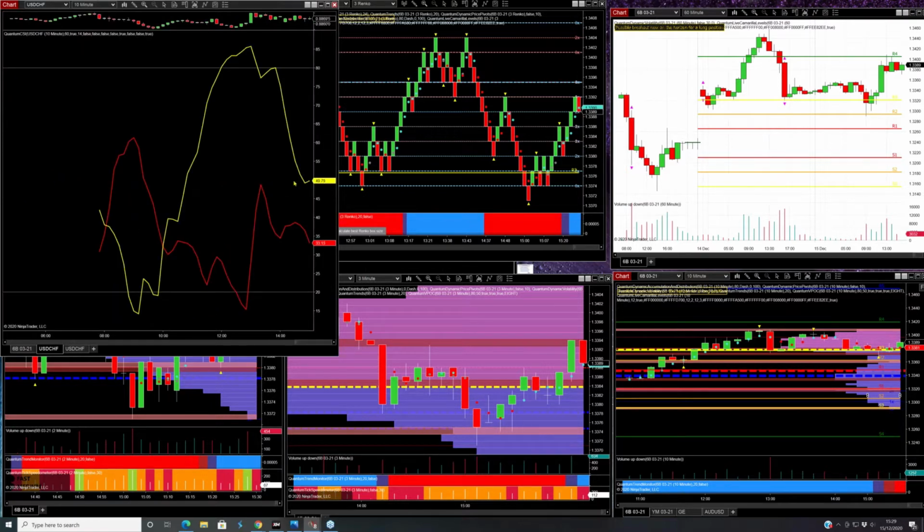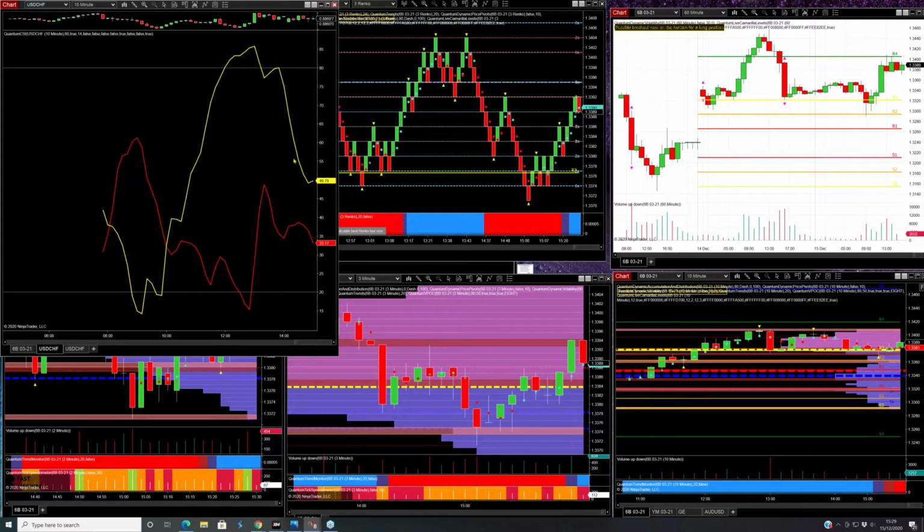Well, this kind of tells me why I'm moving sideways, because we can see these two lines have been moving in the same direction. I'm now beginning to see a little tick up with the British pound, but given what I have over here on the chart with the volume resistance, this density of volume, I know it's going to need a little bit more oomph, and I'm going to have to see an increase in volume down here.